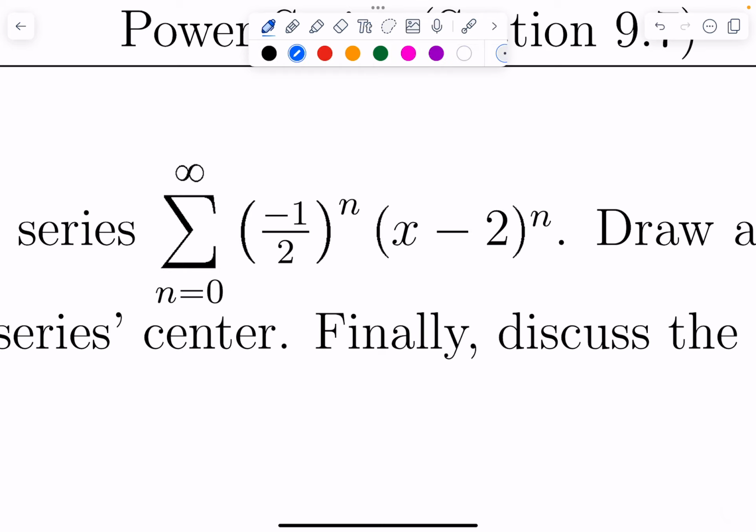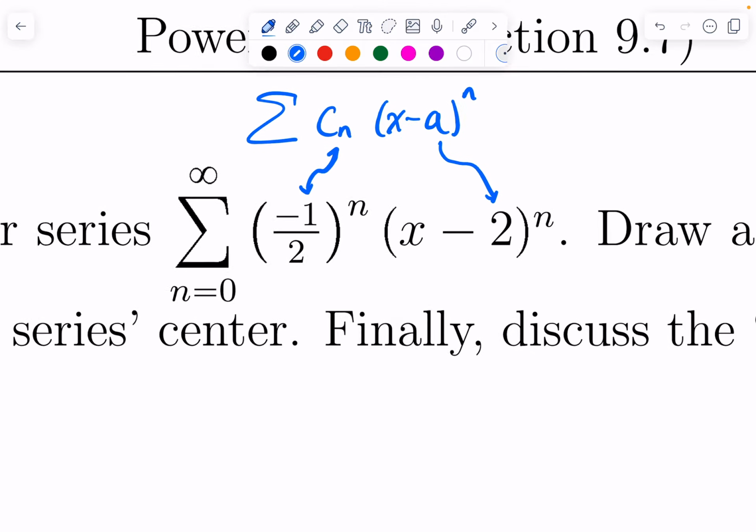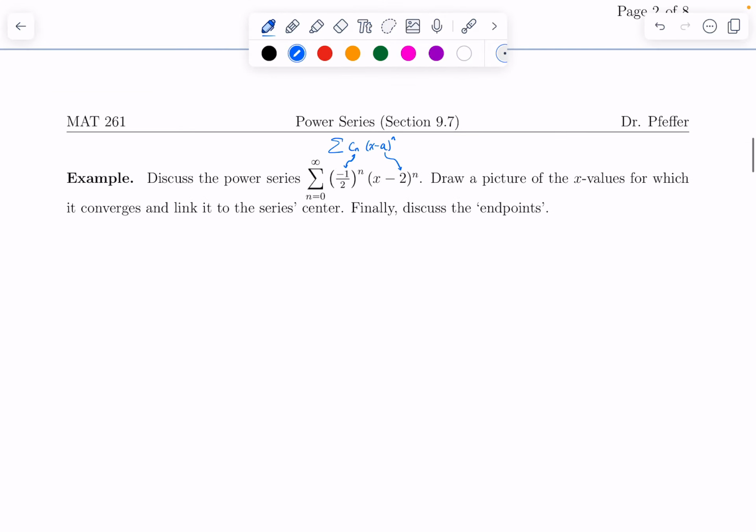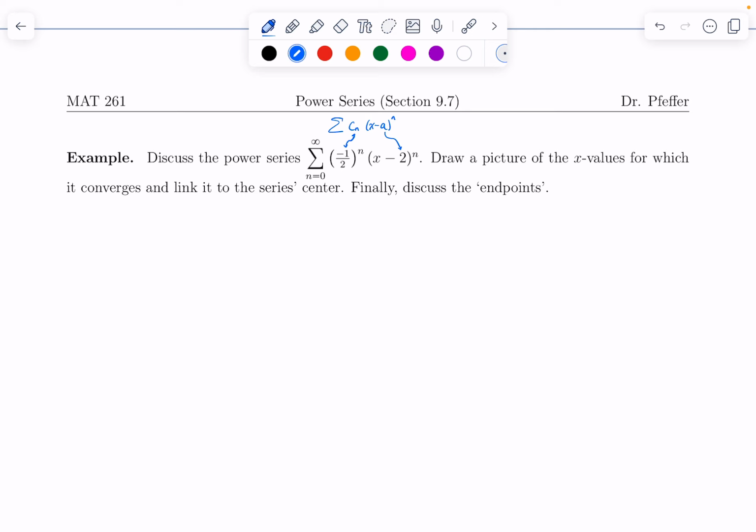Again, power series all look like this form: the sum of Cn times (x minus a) to the n. So I see that these are my Cn's, and my a seems to be a 2. This is a power series, and I want to know what its domain is. That is, I want to know what are the x values for which it converges.